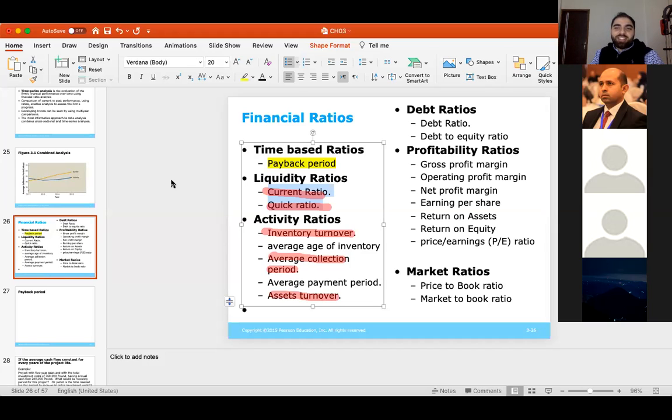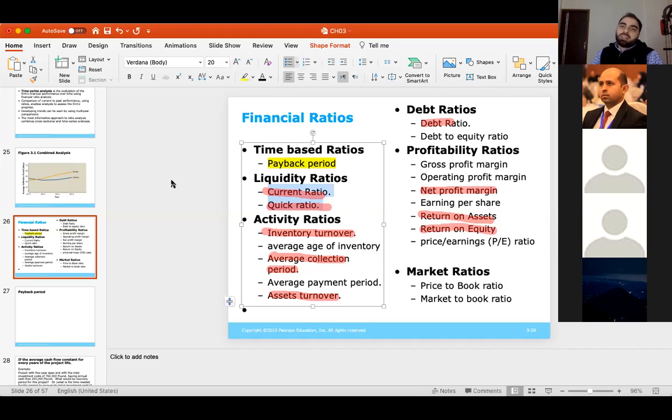The debt ratio, return on assets and return on equity, and the net profit margin as well.